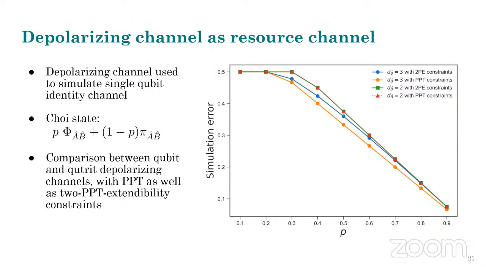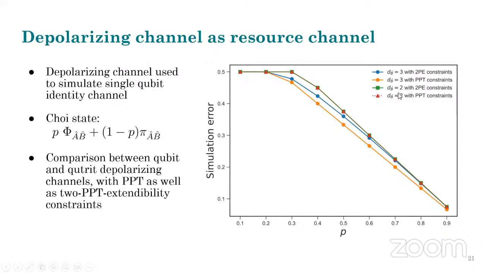And here are some numericals that we perform. We look at the depolarizing channel to see the difference between PPT and 2PPT extendability constraints. We are trying to simulate a 2-dimensional identity channel, but we look at 2 different cases: the depolarizing channel itself is a 2-dimensional depolarizing channel, or it is a 3-dimensional depolarizing channel, but being used to simulate a 2-dimensional identity channel.